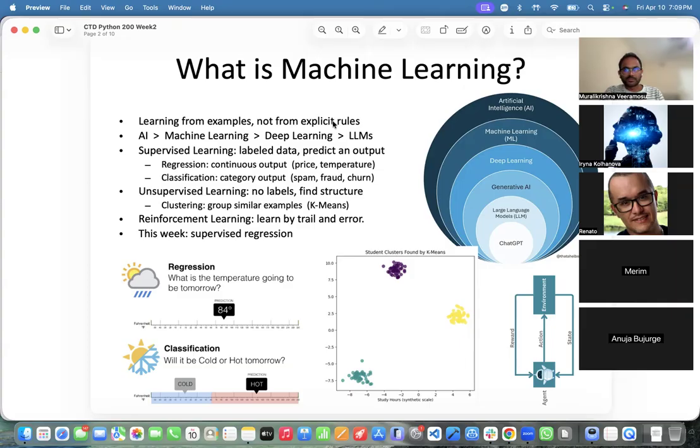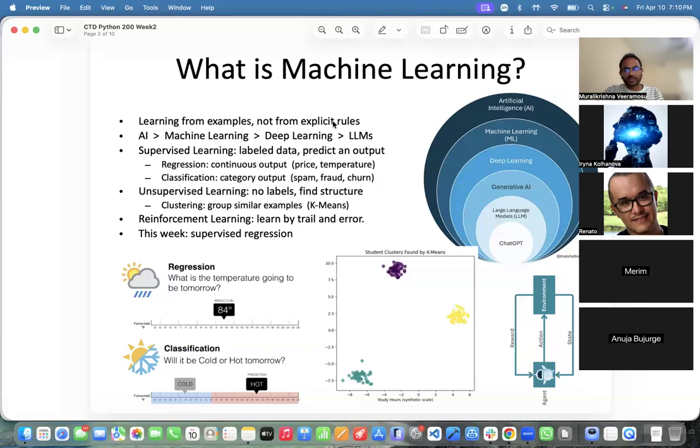We need to write some conditions saying that if the image has four legs, and if the image has fur, and if the image has two eyes, one nose, etc. So we are basically writing conditional programming in order to understand whether the image is a cat or dog without machine learning.